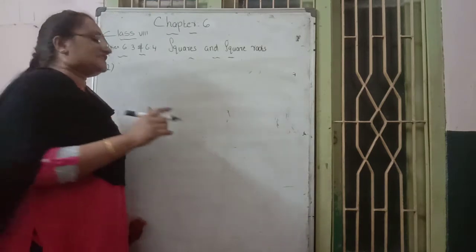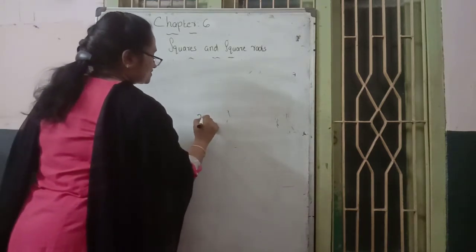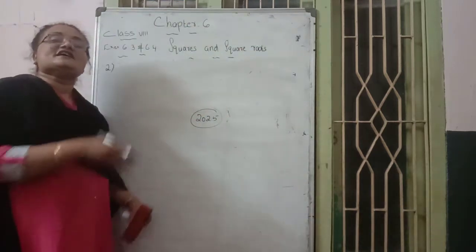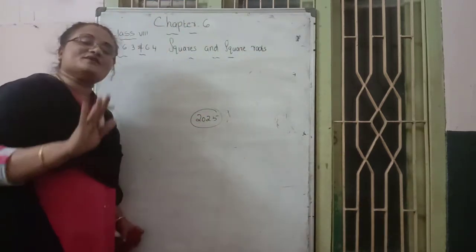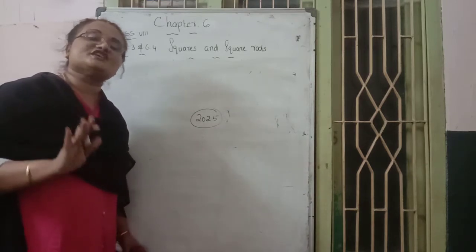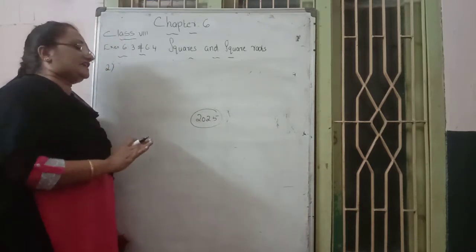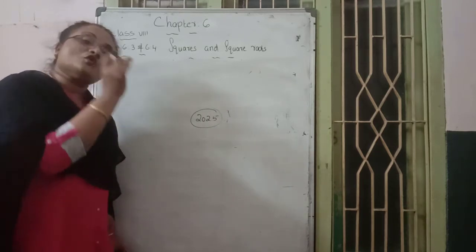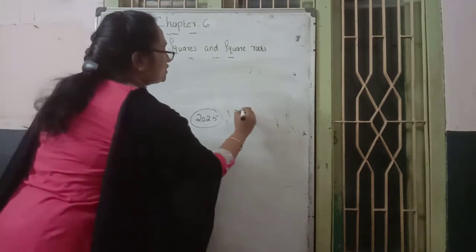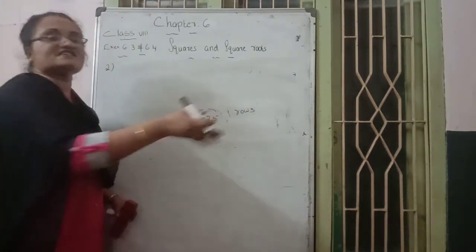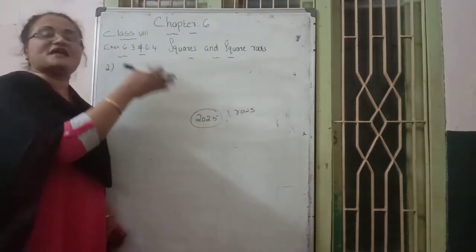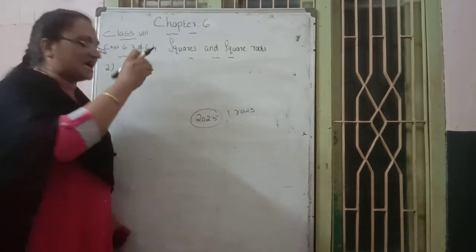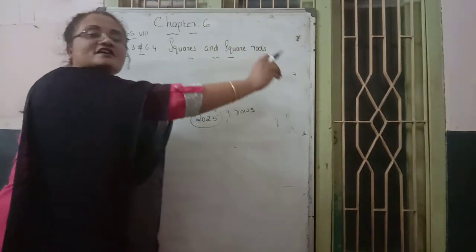In that garden 2025 plants are there, in total. Then the second line tells how many rows, and that much number of plants are planted in each row.